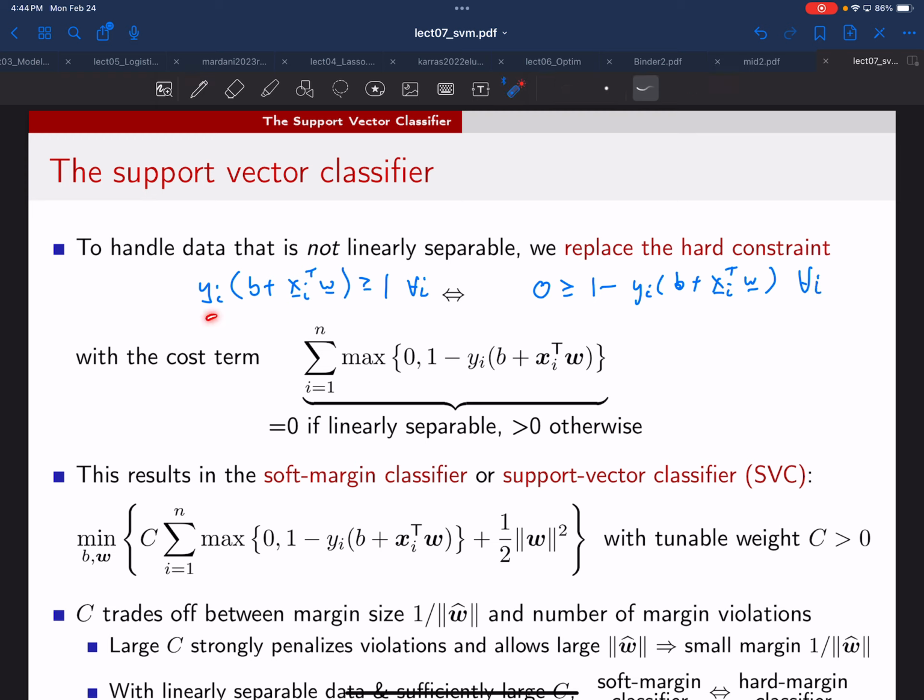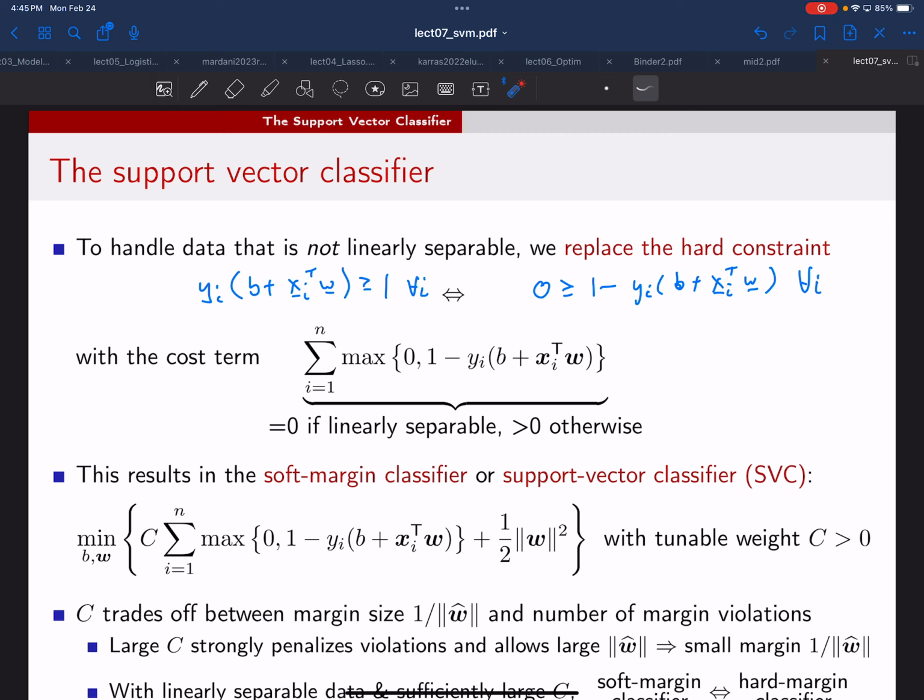Right? These are just two ways of saying the same thing. Okay, so if we have linearly separable data, it means that this thing on the right is at most 0, no larger than 0. In most cases, it's going to be negative.